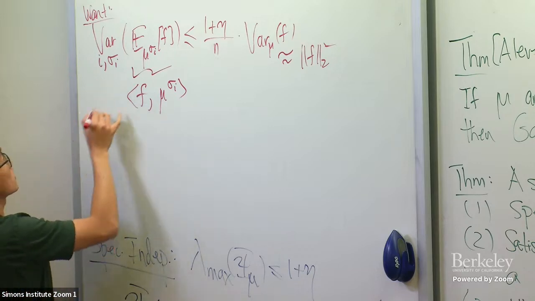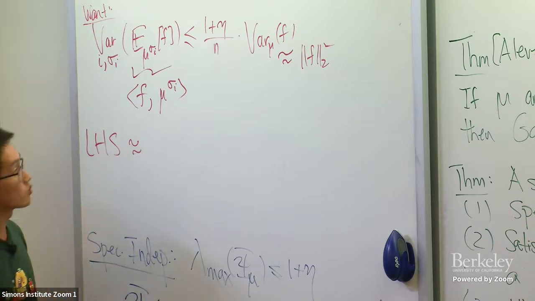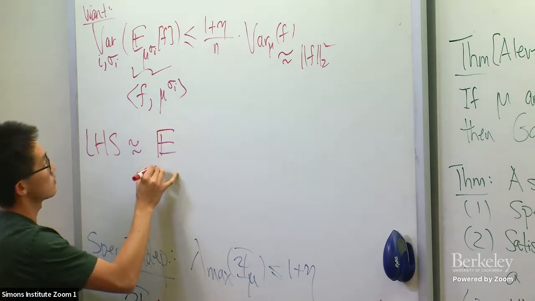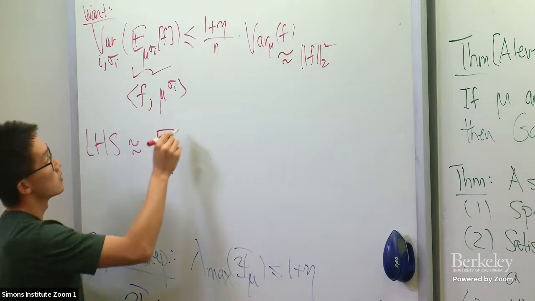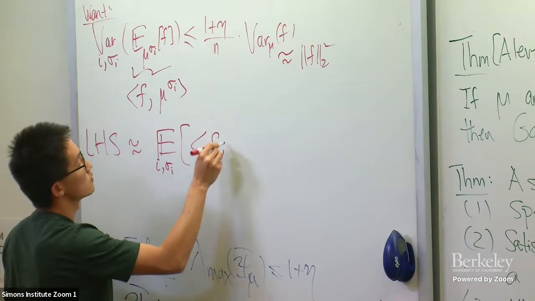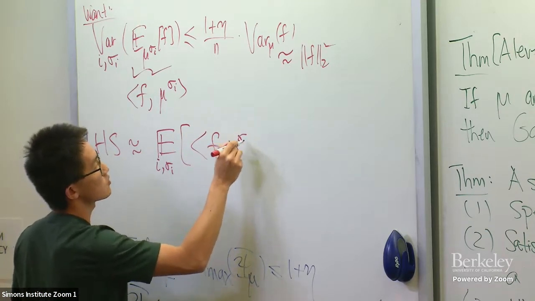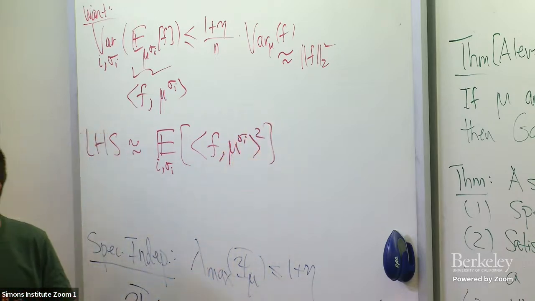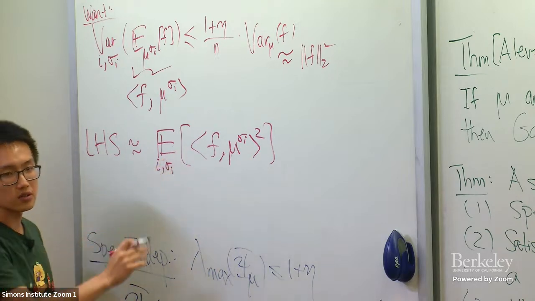So the left-hand side is roughly equal to, if I pick a random coordinate I, a random assignment to sigma I, of this inner product. So now I'm really viewing things as big vectors. But I can of course rewrite this, by pulling everything out.